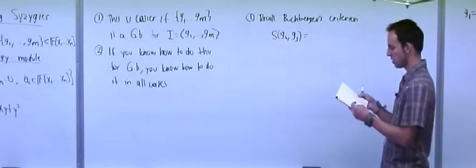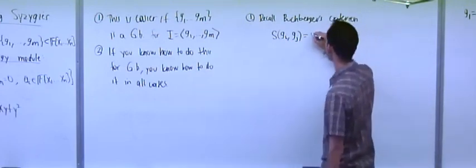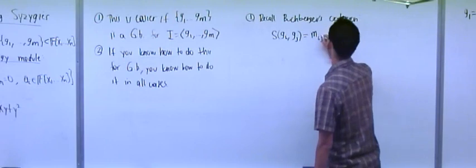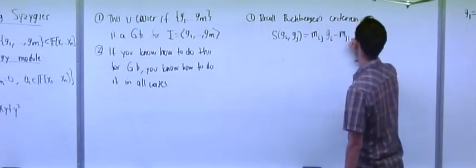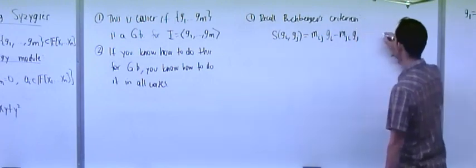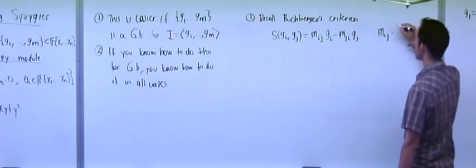Okay? So let me write it like this. I'm going to change the notation a little bit this time. So it's something times the first guy minus something times the second guy, where this is exactly what I told you it was last time.